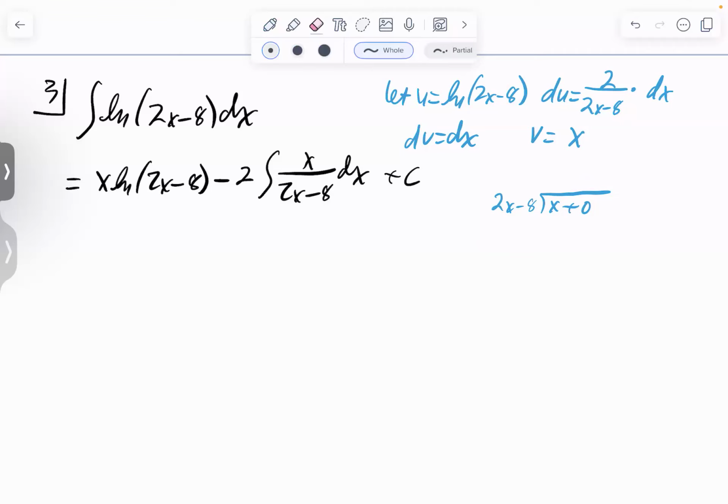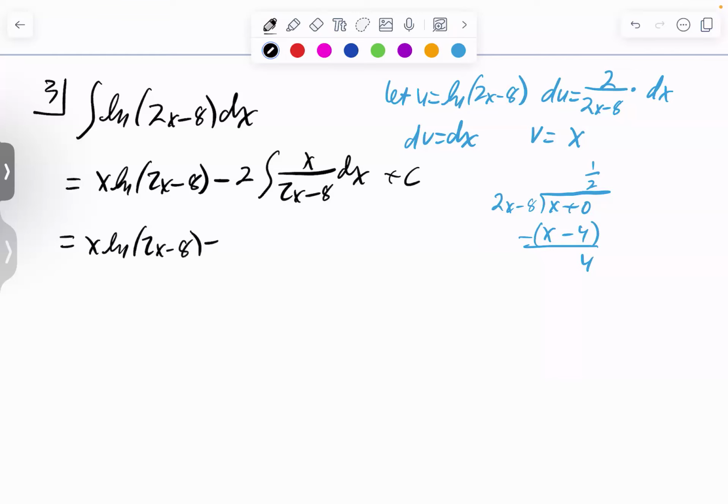That's going to be 1/2. That's going to give me x minus 4. Give me a remainder of 4, which means this becomes x natural log of 2x minus 8 minus 2 times the integral of 1/2 plus 4 over 2x minus 8 dx.